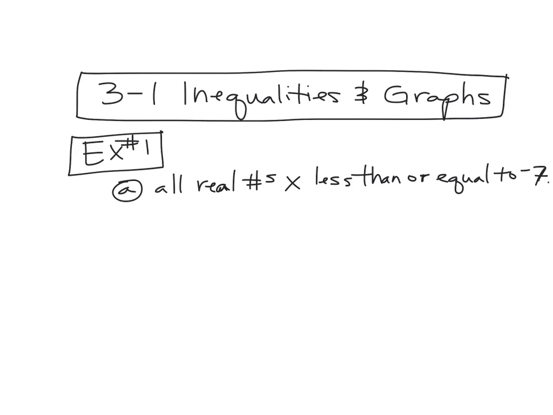Here's what you have to do with this. You kind of break it into phrases. If we're talking about all real numbers x, that's just going to be x. Then we have less than or equal to. Does anyone know what that symbol looks like?